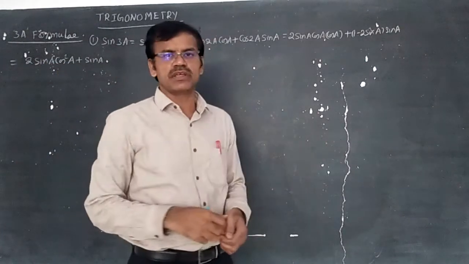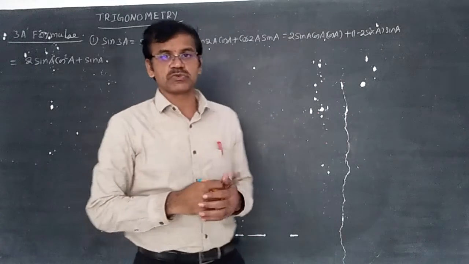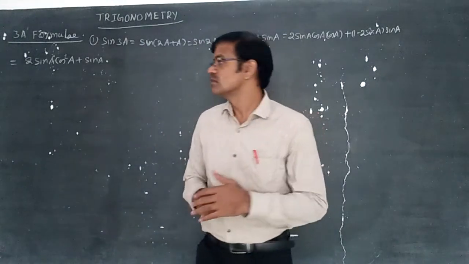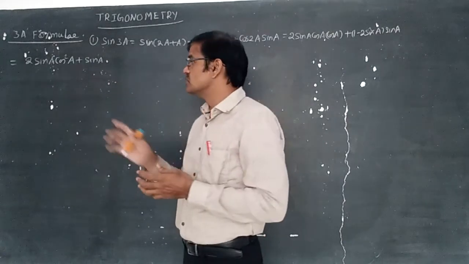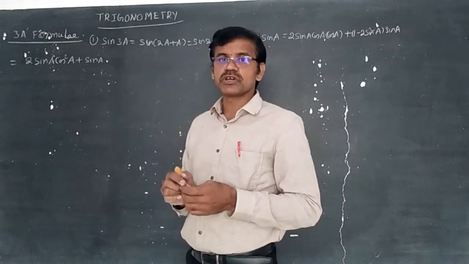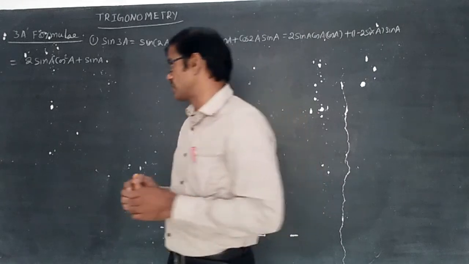Each and every value on the RHS we are writing in terms of sine. The sine 3A formula is not in the form of cos, so whenever a cos term is there, we should convert the cos value in terms of sine.